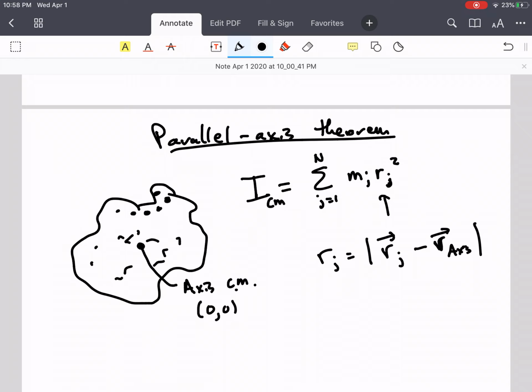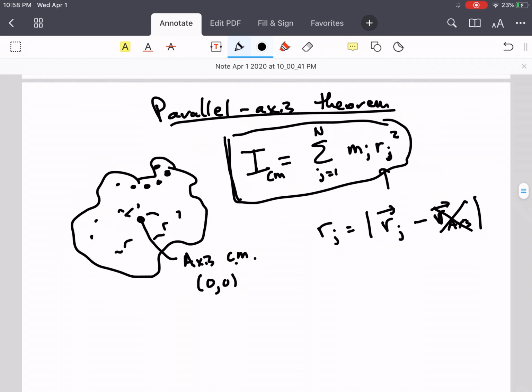But in the very special case where my axis is sitting at 0, 0, then r_j is really just the position of the object. So in this particular nice coordinate system, I can interpret r_j as just the position of the object. All right, so now imagine that I shift to some other axis that's parallel to my center of mass axis, perpendicular to the page, and the distance there is d.